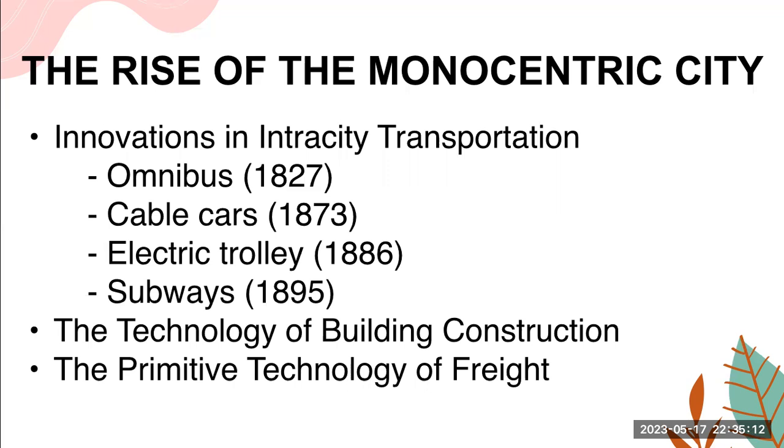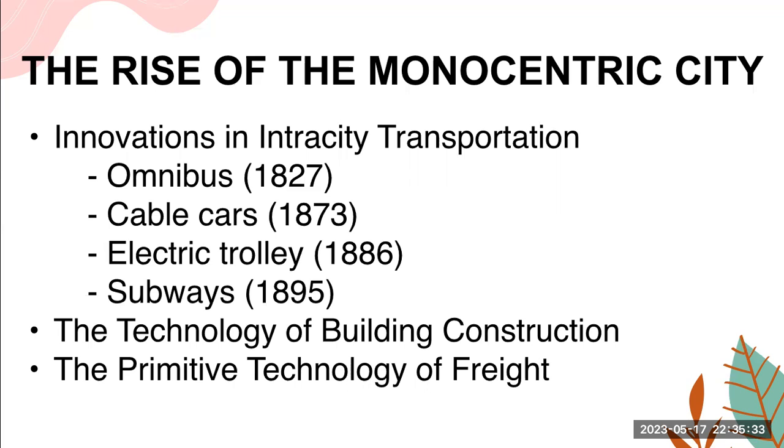So this is one of the factors that contributed to the rise or the emergence of the monocentric city. So before the 1820s, most urban travel was by foot, although a few wealthy people traveled by private horse-drawn carriage.